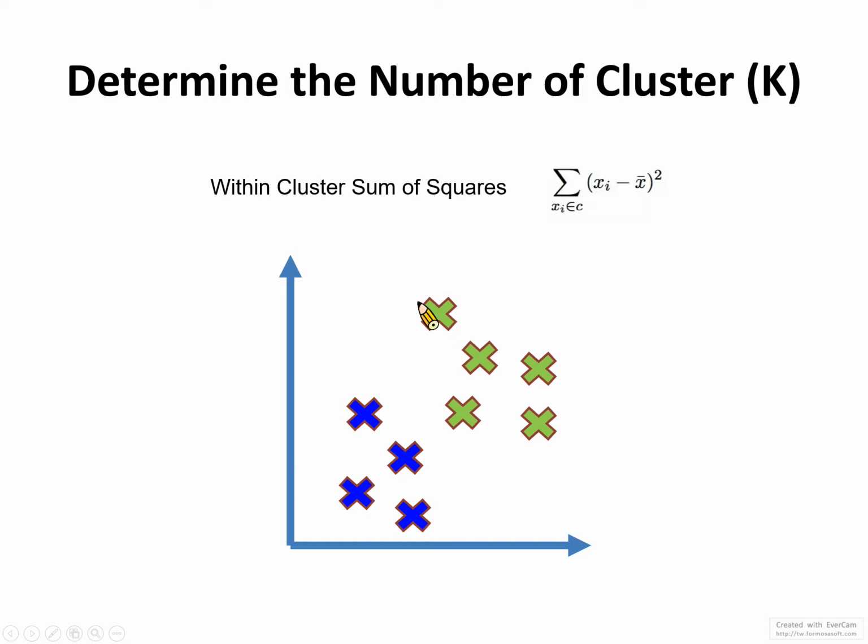Then in the case of k equals 2, you will calculate the within-cluster sum of squared distance by calculating the distance between the blue data points and the blue centroid. And likewise, you will also calculate the distance between each green data point and the green centroid.